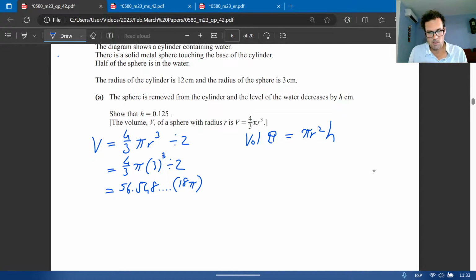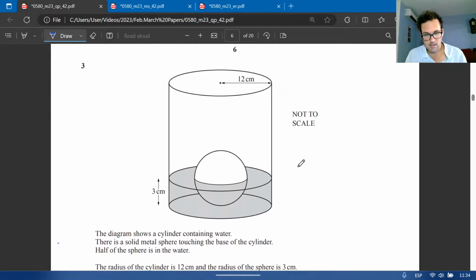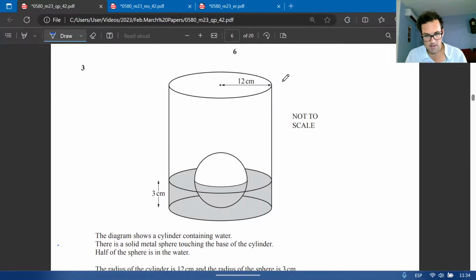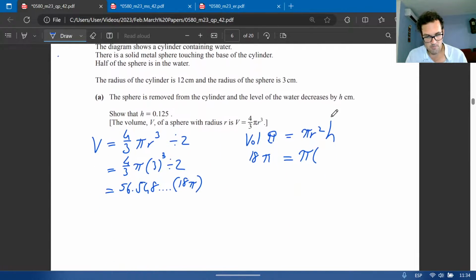So it means that height is the one we want, and the volume is what we remove, which we worked out, which was 56.548 or 18 pi. The radius of the cylinder would be a flat cylinder with the radius of this cylinder, that will be 12.